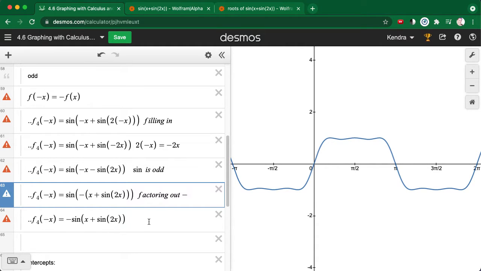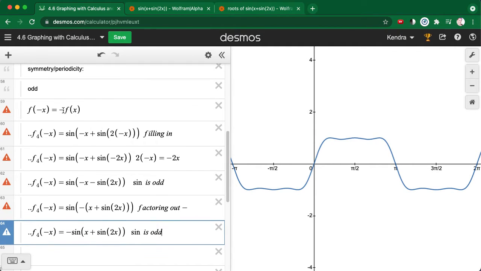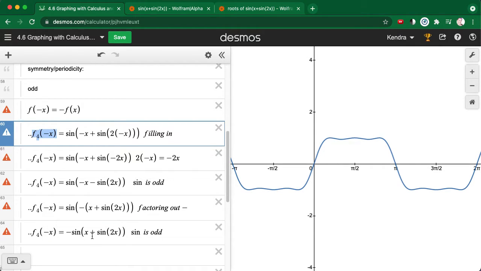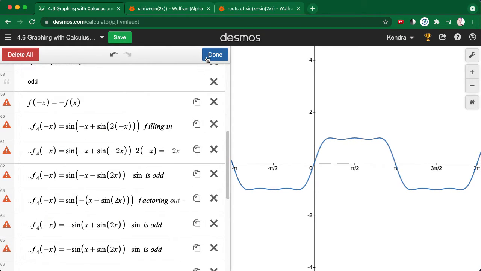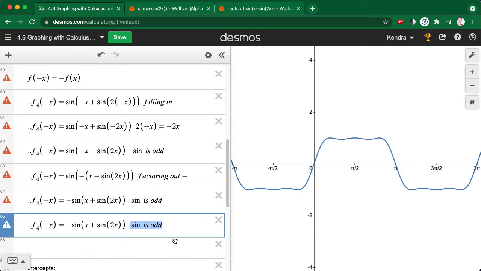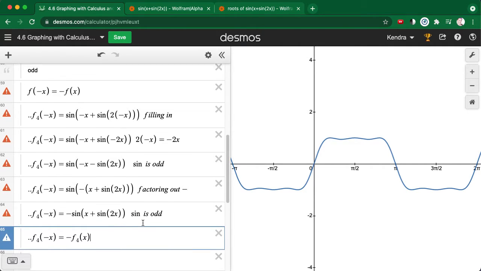And this is, again, since sine is odd. Okay. So all of this says f of negative x is the same as the negative of f4 of x. Let me just confirm this. Okay, so therefore we have this function is an odd function.